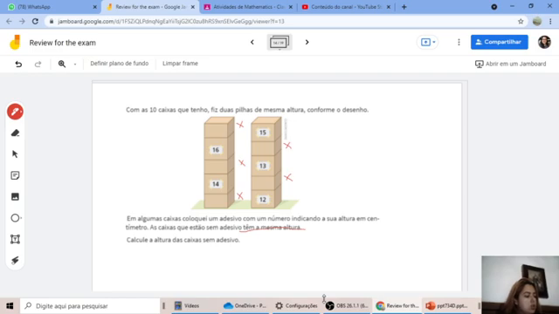So how do I do it? I put here the total height is going to be 16 plus 14 plus 3x, and this total height must be equal to the other side.